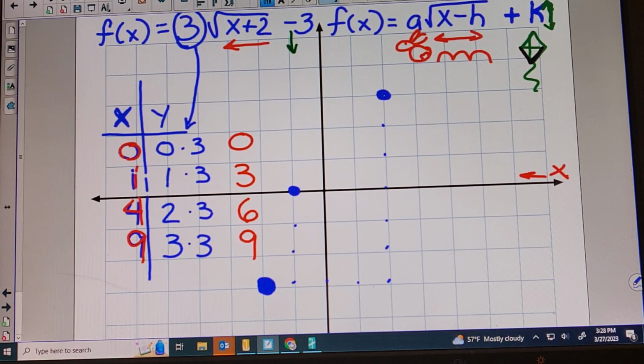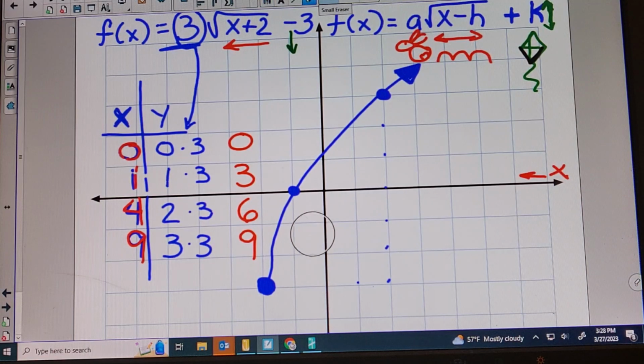It is stretched out from our parent graph because of the 3 out front. Now we just draw. Remember, the square root functions have a definite beginning and then an arrow on the far end. Okay? I don't need any of these other little dots I've left behind.